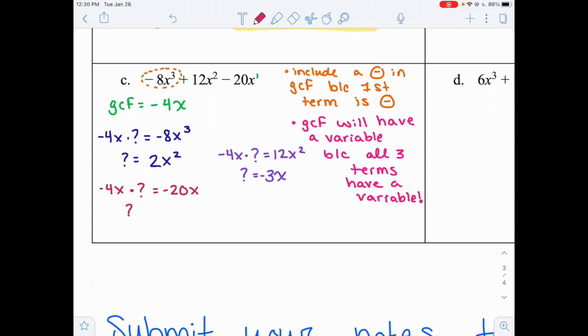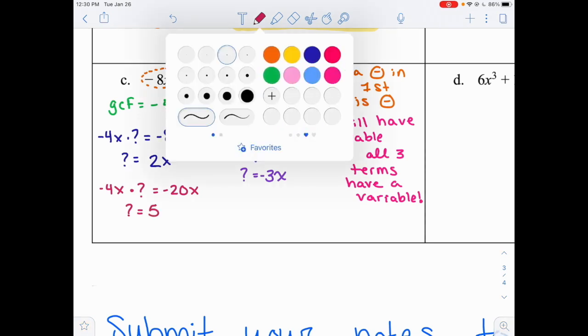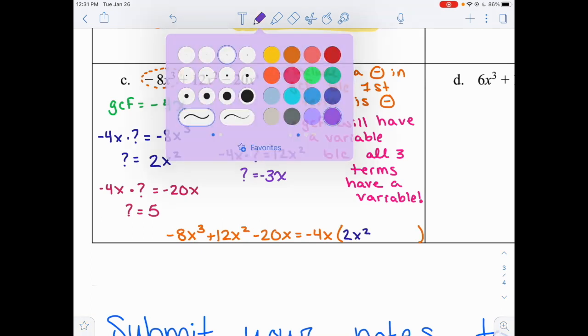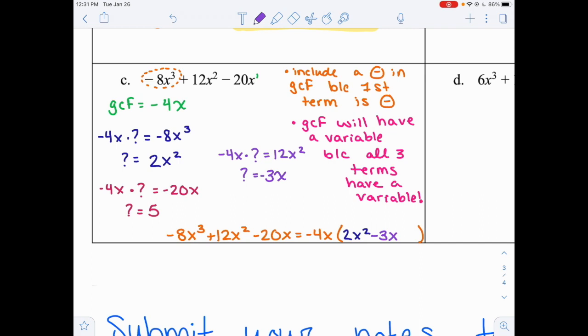So in this case, the question mark is just a 5. So we're going to go from negative 8x cubed plus 12x squared minus 20x to the first to negative 4x times all of this lovely stuff that we just came up with. Just 2x squared minus 3x plus 5.